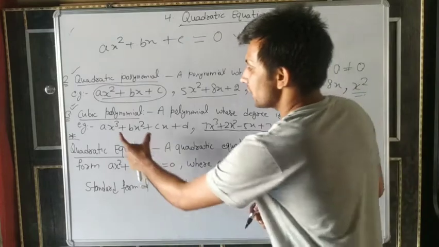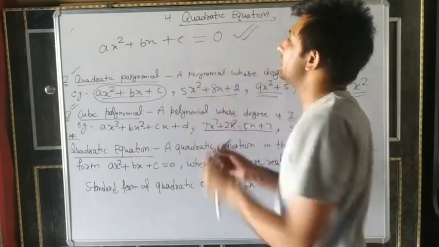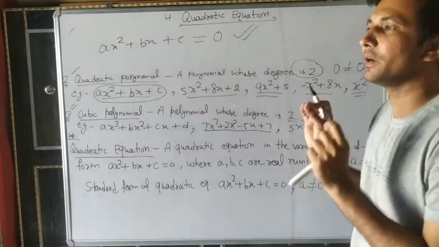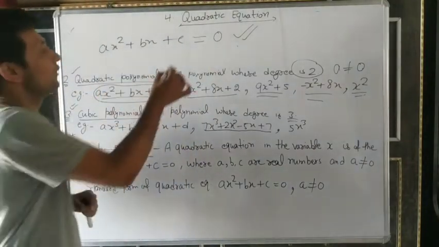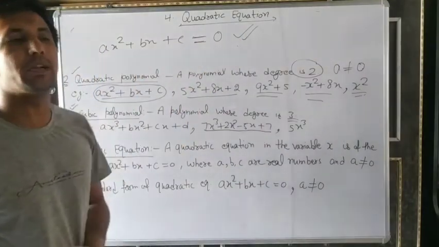Understand? It is a quadratic polynomial, but if we equate it to 0, it becomes a quadratic equation. Only that is the difference between equation and polynomial.